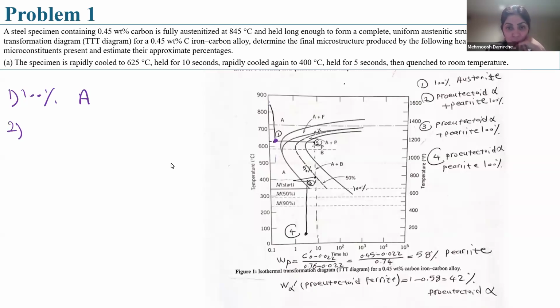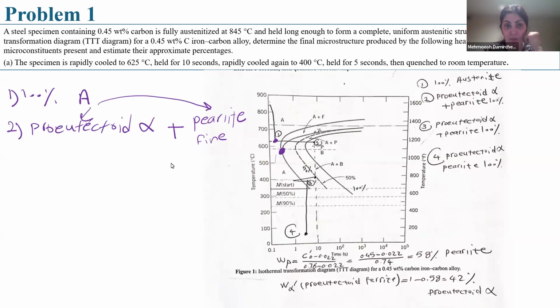So at 2, because we are above this temperature, we have proeutectoid alpha ferrite plus pearlite. Which pearlite we have is important. You can consider it fine. But the austenite converting to fine pearlite means not everything converts; it is not 100%, some part converts to that, and some part converts to the other.